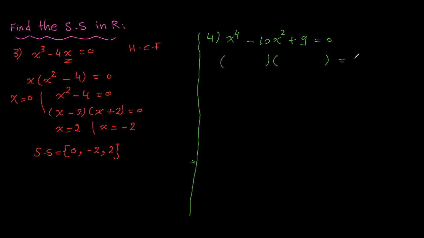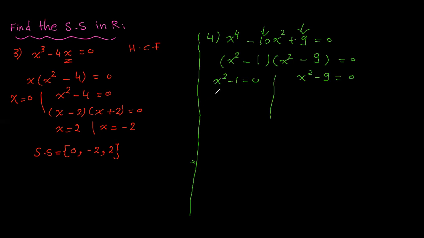We factorize here as (x^2 )(x^2 ). Here we want the product 9 and the sum 10, so it will be 1 times 9, whose sum is 10, and the sign here will be negative. So (x^2 - 1)(x^2 - 9) = 0.